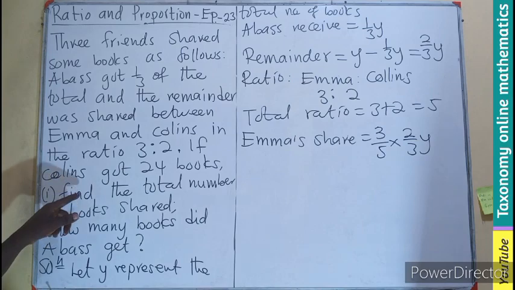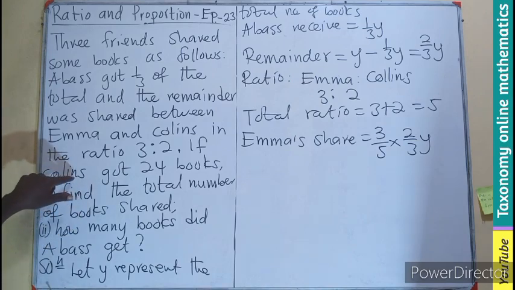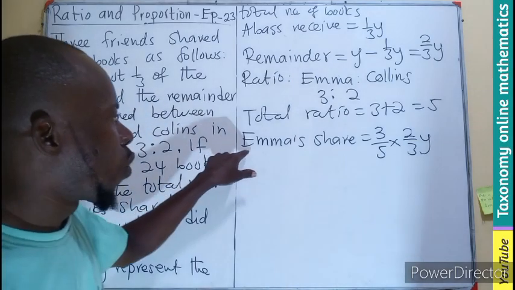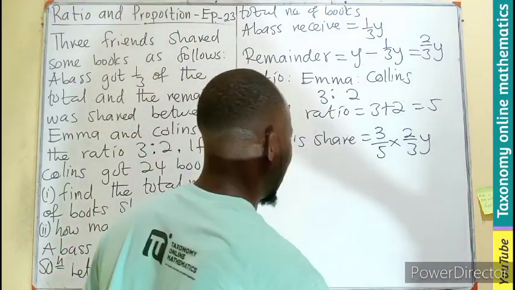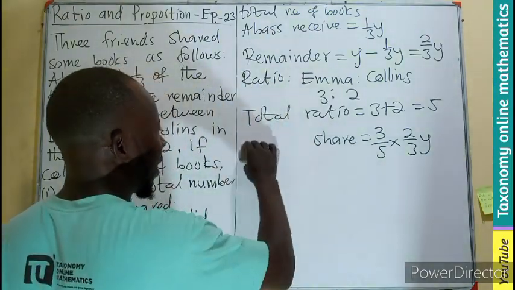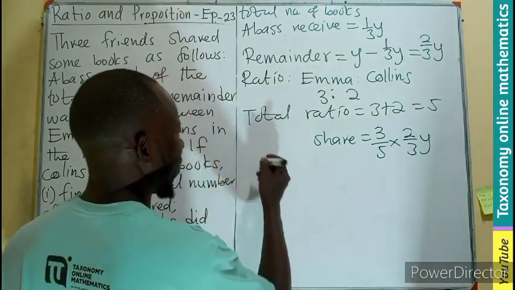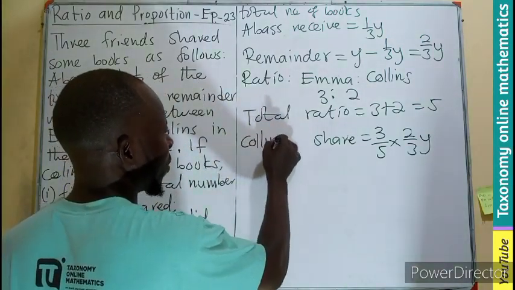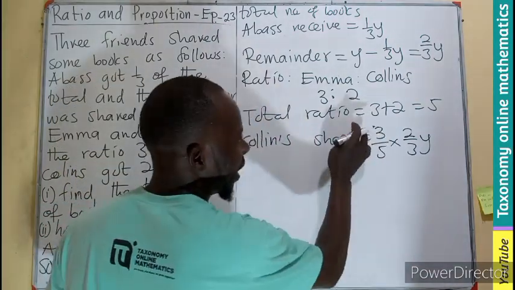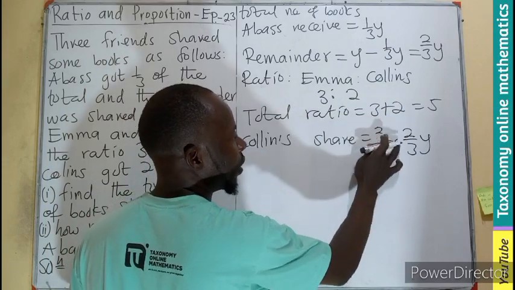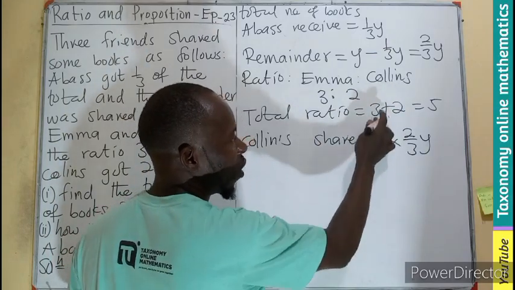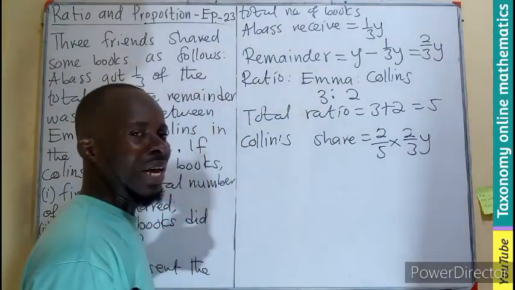But let's begin with Collins, because we know what Collins received. Collins' share is going to be Collins' ratio, which is 2 out of the total ratio, times what they are sharing.